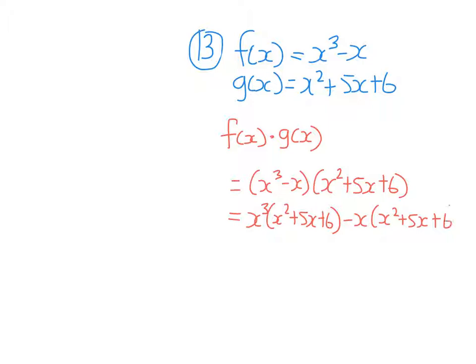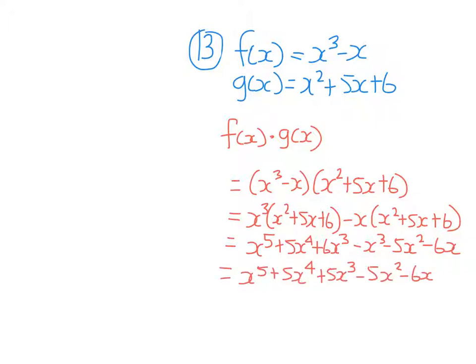So now I just expand these using the distributive law. So x to the power of 3 times x squared is x to the power of 5, and so on. And now I look for like terms. So here only these two are like terms, everything else stays as it is. And so I'm done. Once again, when we multiply together two polynomials, the result is another polynomial.